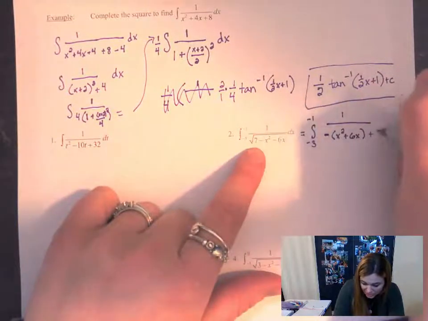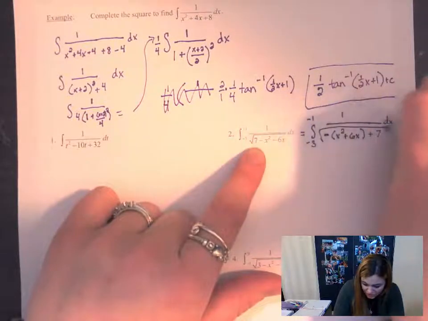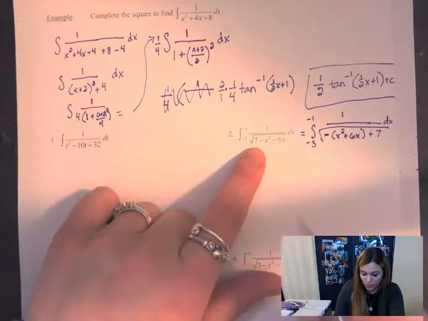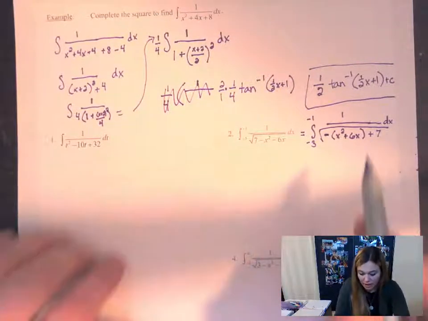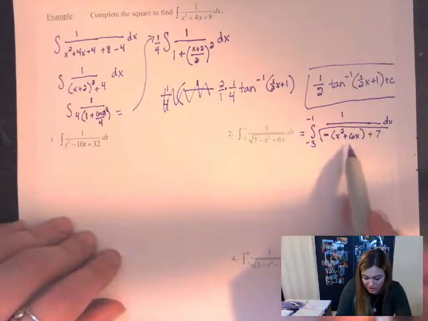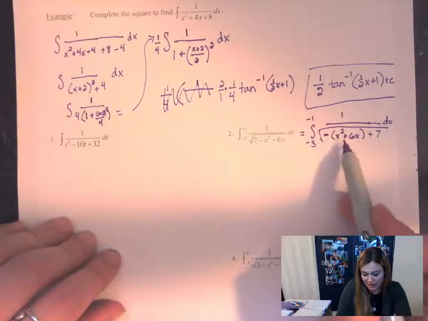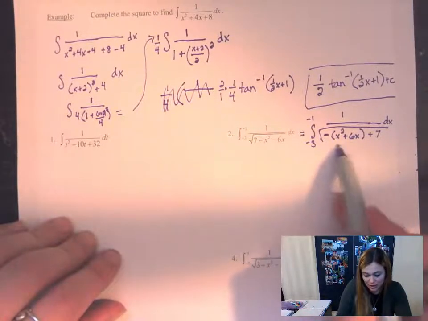I've got a +7 out here. This all can just stay under the square root. So I rewrote this, so I switched around the order a little bit, +7. And the reason why I switched around the order and factored out a negative is because I want to complete the square, and I want to do so right here.